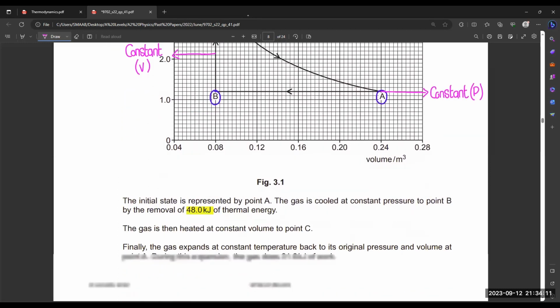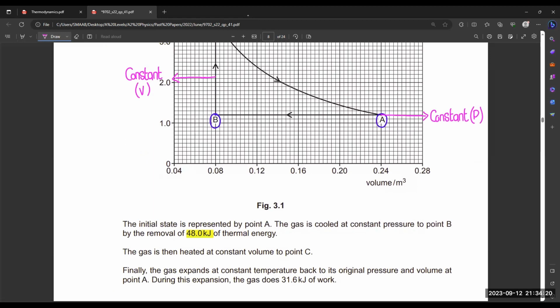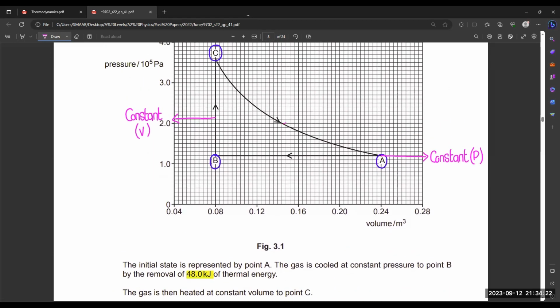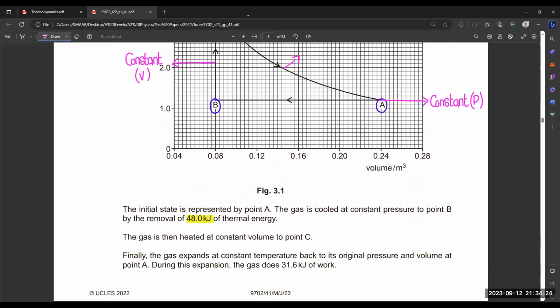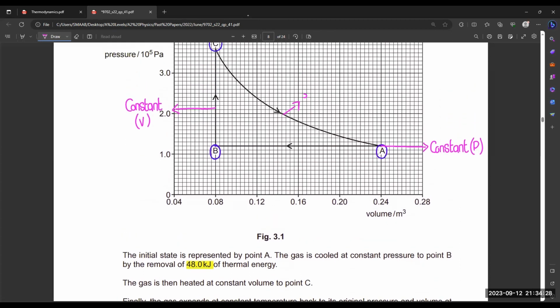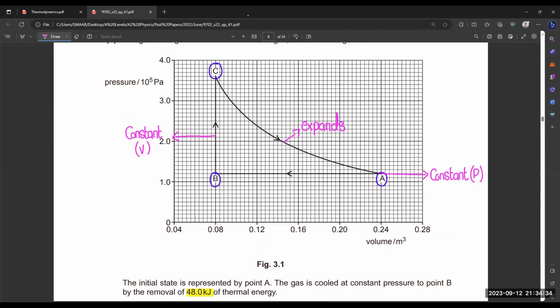And finally, the gas expands at constant temperature back to its original pressure and volume at point A. During this expansion, the gas does 31.6 joules work. So this process involves expansion, because when it expands, the volume will increase. Any confusion in the question till now?